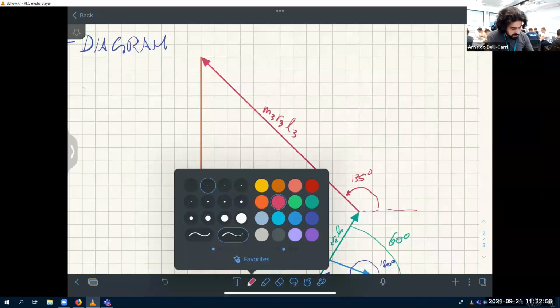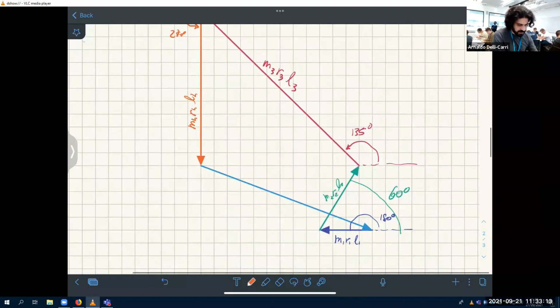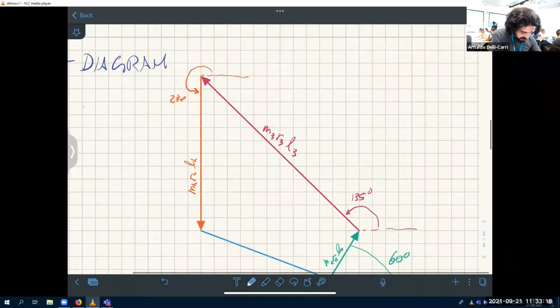This angle, again, from where the vector starts, take the horizontal, and this is the angle, which is 270 degrees. And this is M4, R4, L4. And finally, this one is 40,000 mm.